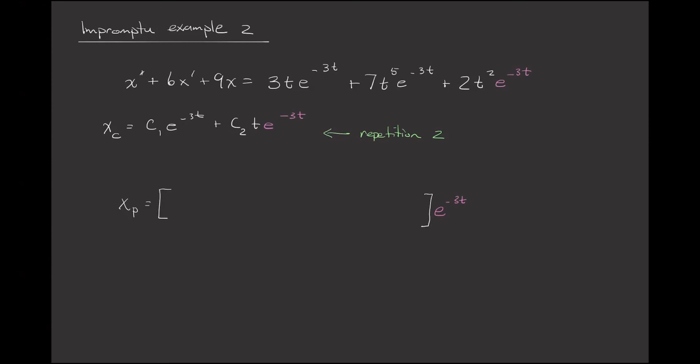The highest degree of all the terms that have e to the negative 3t is 5. We only focus on that. So among e to the negative 3t terms, we have 6. Just remember, it's always one higher than the highest degree. We add those together and we get 8.